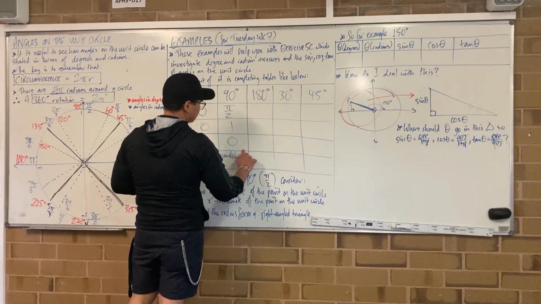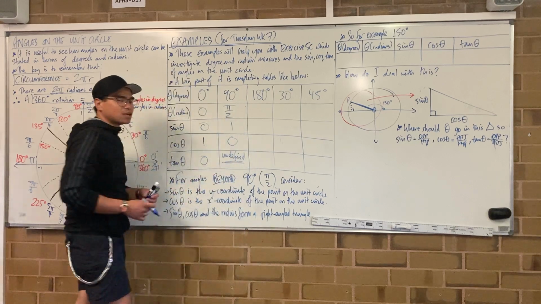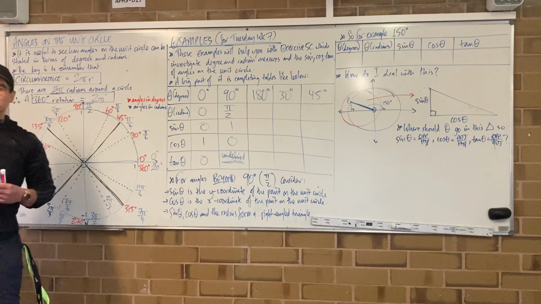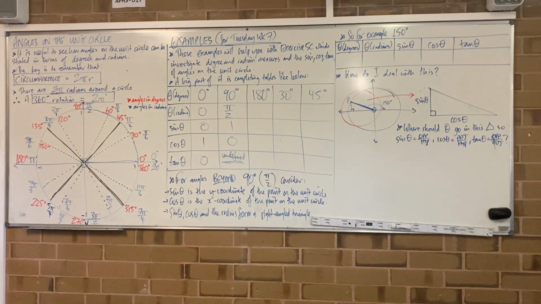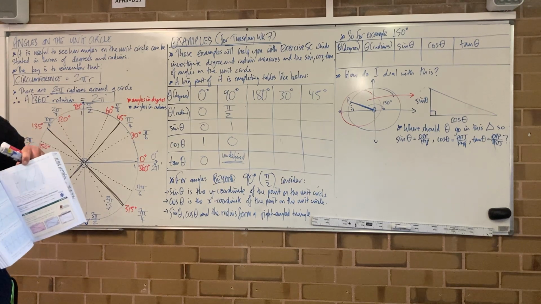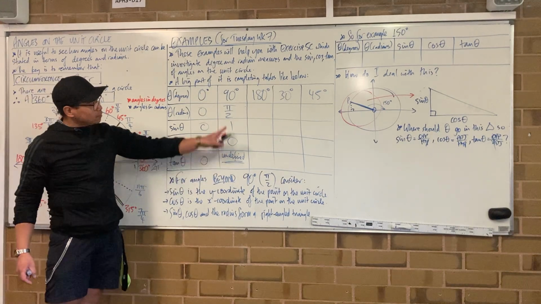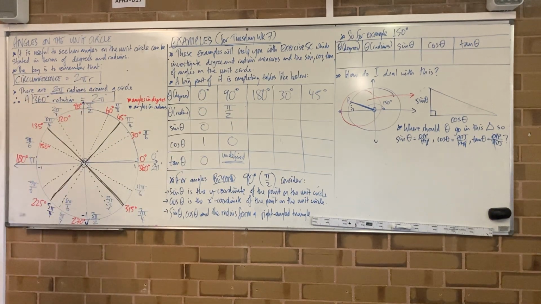I wish I had time to teach you the significance of this this year, but it will become clear when you do. I think it's chapter 7, where the graph of tan looks like that. It goes across and then it never touches. It's got an asymptote when the angle is 90 degrees.